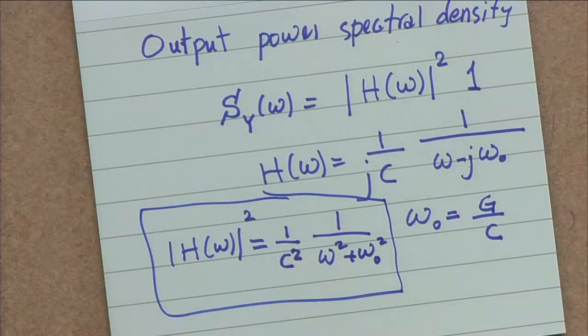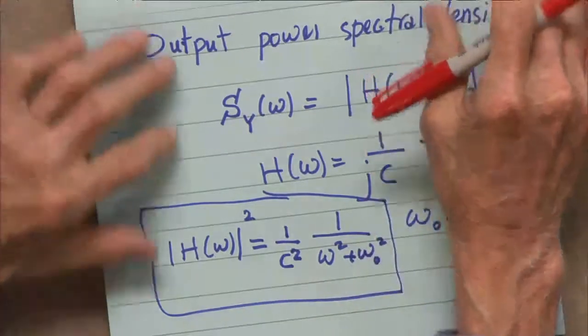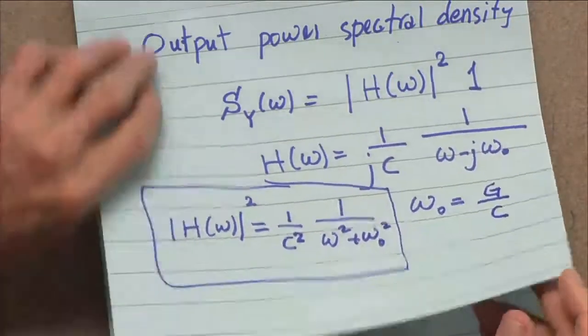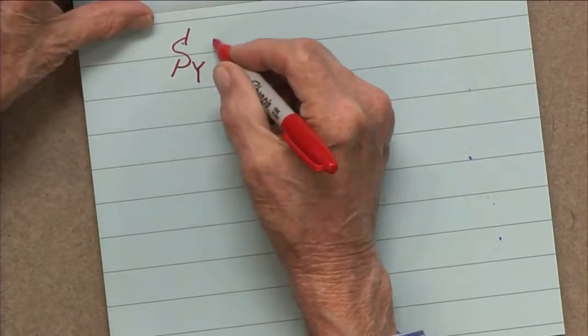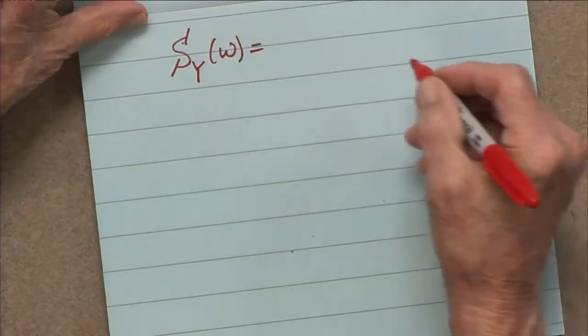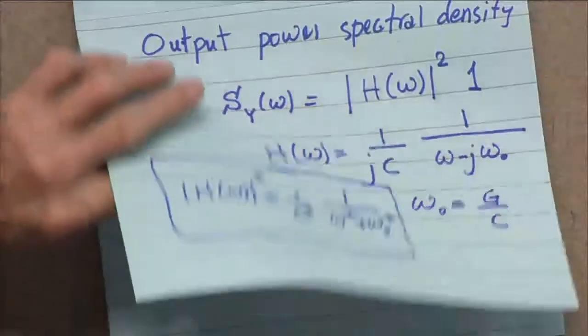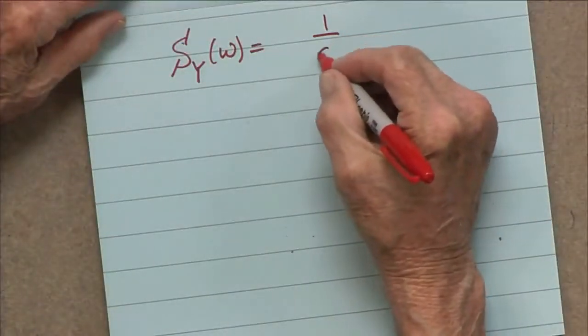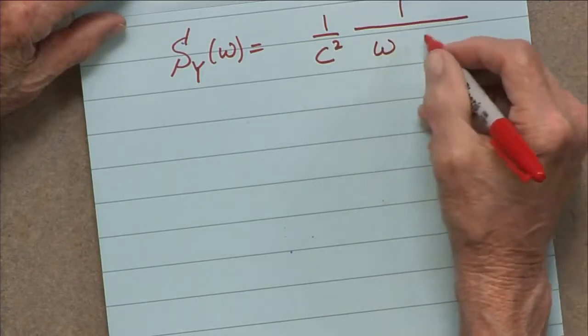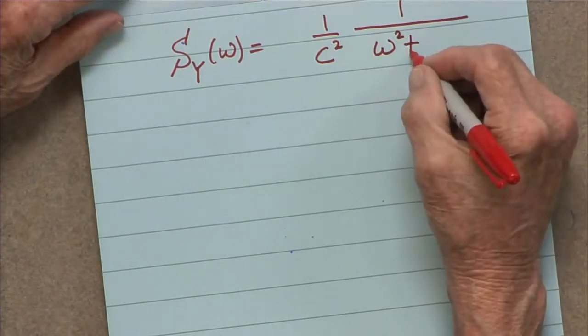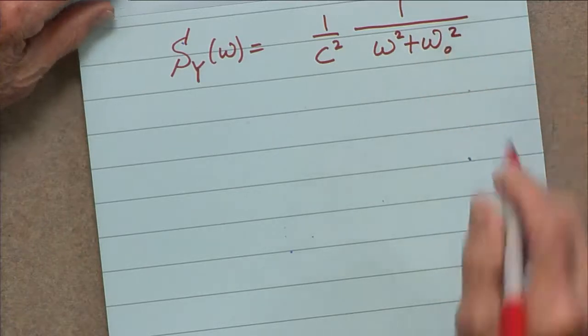Now I'm going to calculate y. Sy of omega is 1 over C squared times omega squared plus omega 0 squared.